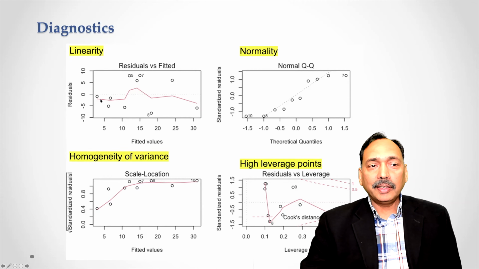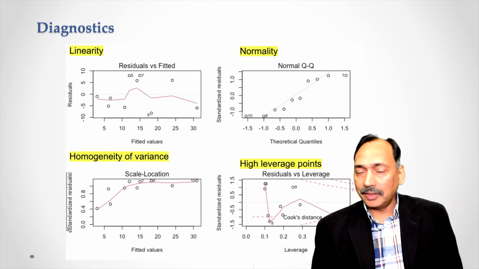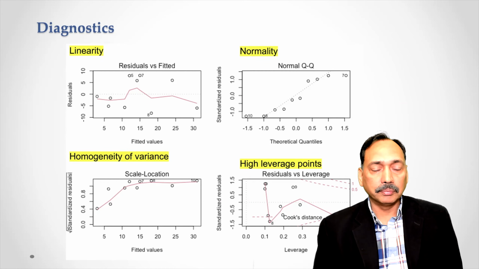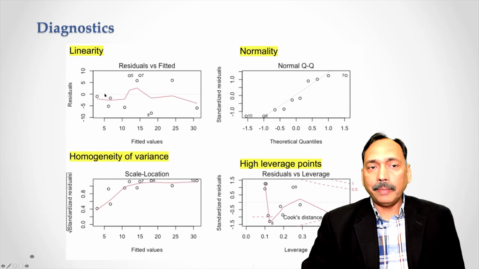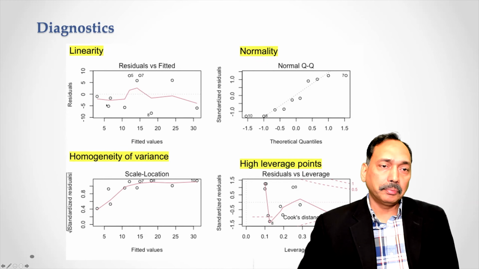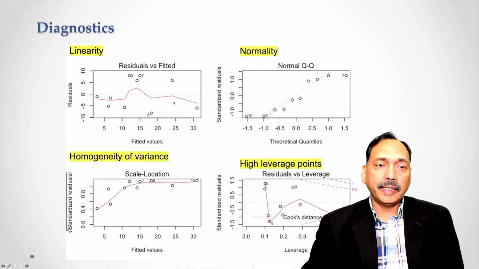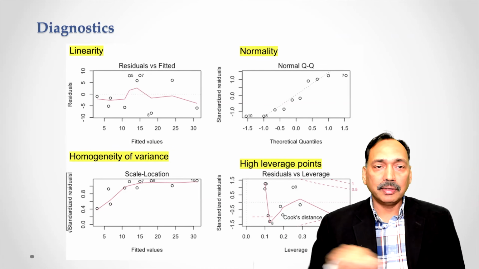But if this line was very away from the dotted line, then there would have been some cause for concern. Another thing we can look for here is whether the variability is changing as we go from left to right. So whether there is any obvious pattern that you observe in these data points, or they are randomly distributed across that dotted line.